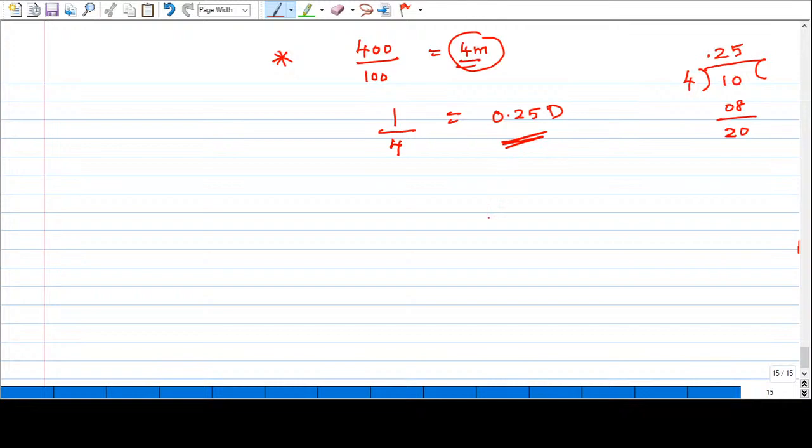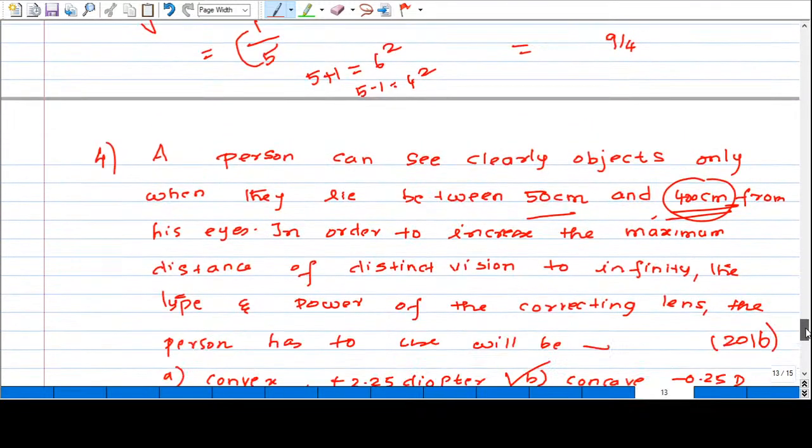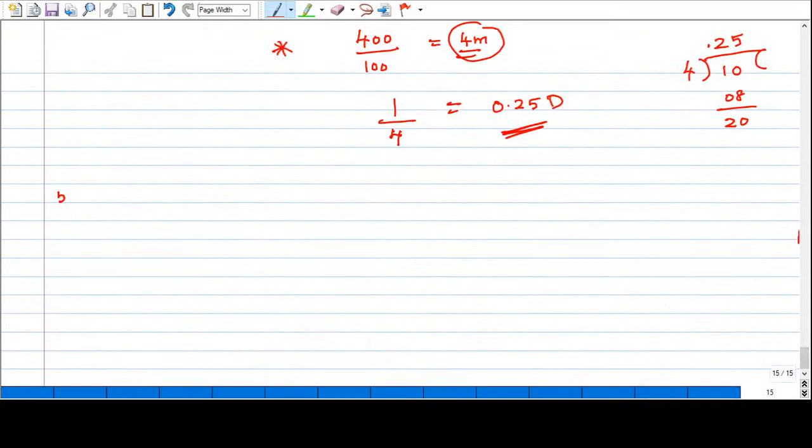So let us go with one more sum, sum number 5 of today's session. The same lesson, ray optics and wave optics, which is very, very important. Let us go for the next one.